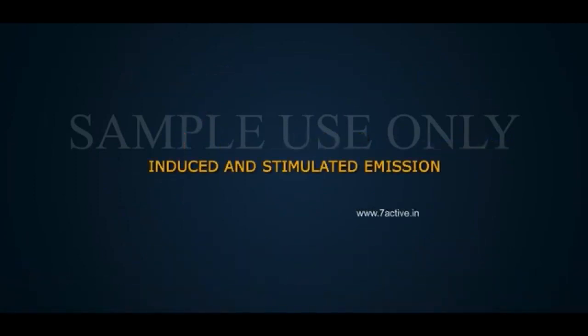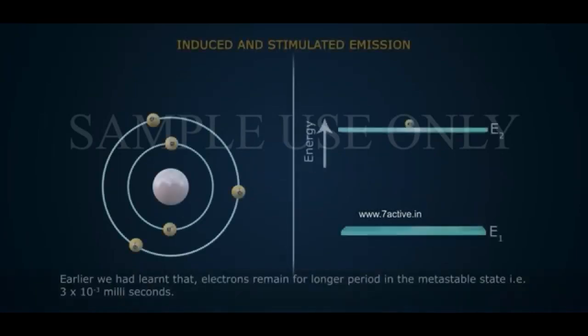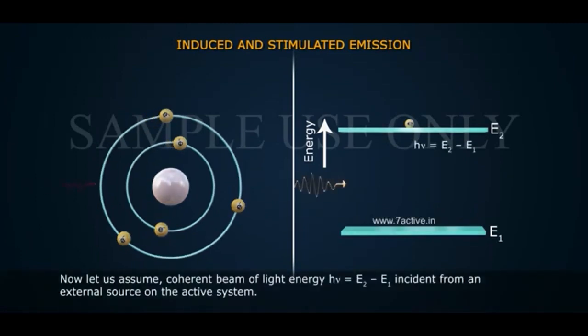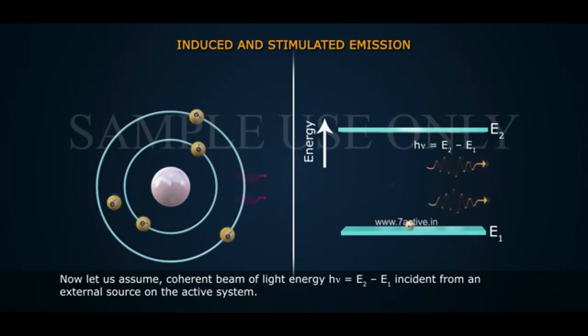Induced and stimulated emission. Earlier, we had learned that electrons remain for longer periods in the metastable state, that is 3 into 10 power minus 3 milliseconds. Now, let us assume a coherent beam of light with energy h nu equal to E2 minus E1 is incident from an external source on the active system.